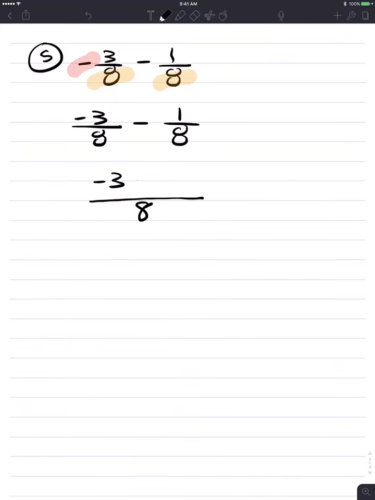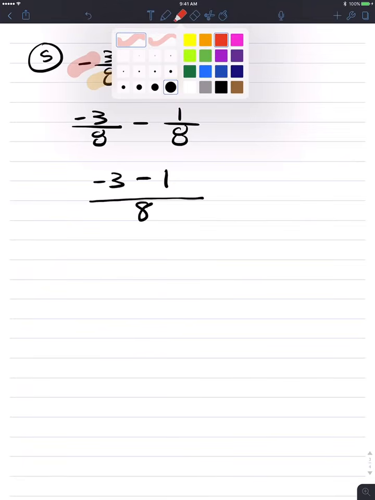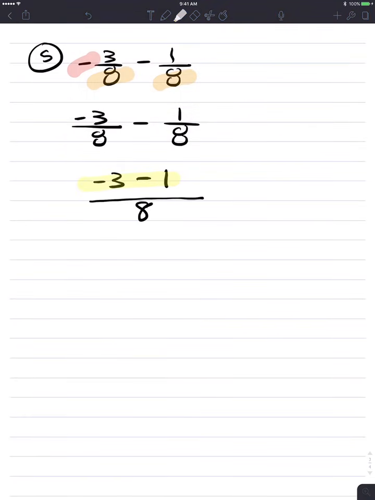I'm now going to take that negative 3 with the numerator and subtract it with 1. I perform my arithmetic in the numerator. Now be careful, because the arithmetic that we see here in our numerator is actually negative 3 plus a negative 1, because we can write subtraction as addition of a negative.